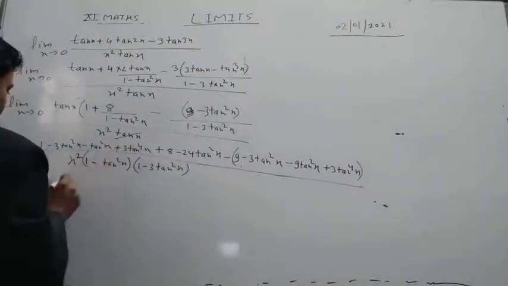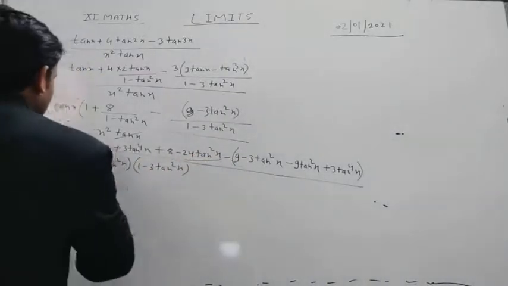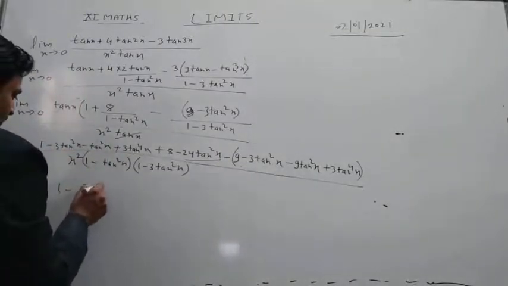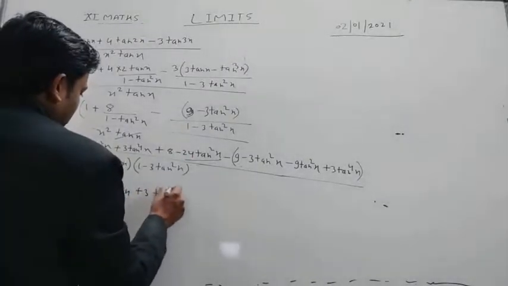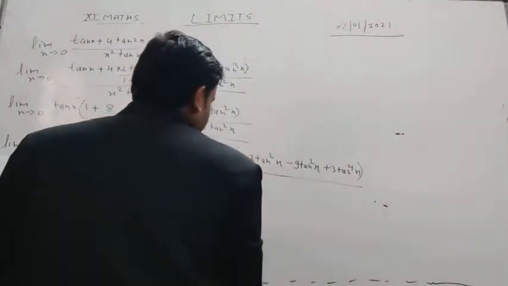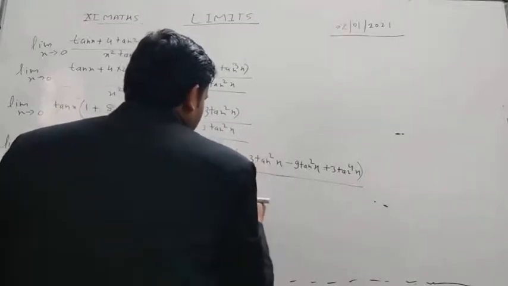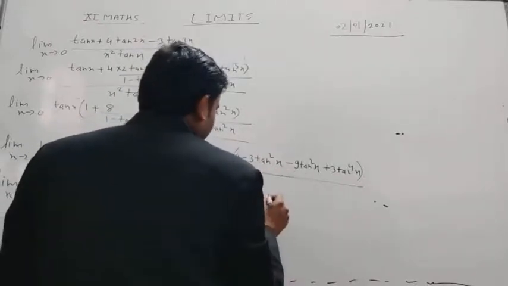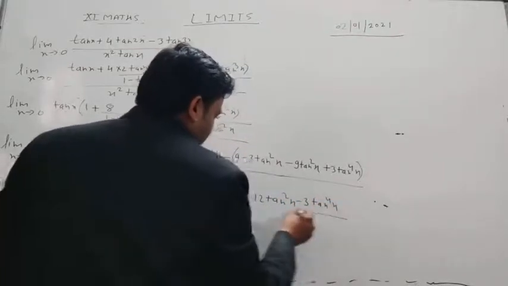We are writing 1 minus 28 tan square x plus 3 tan to the power 4 x plus 8 minus 9 plus 3 and 9, 12 tan square x and minus 3 tan to the power 4 x.